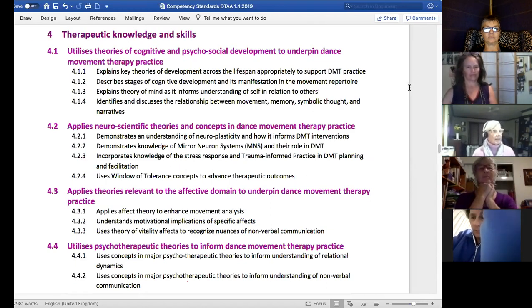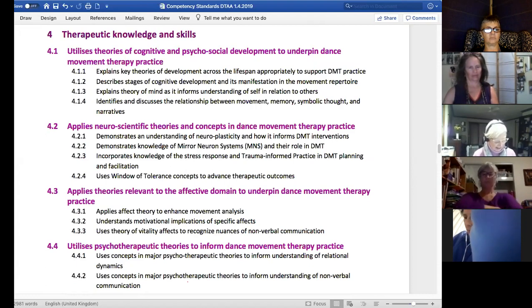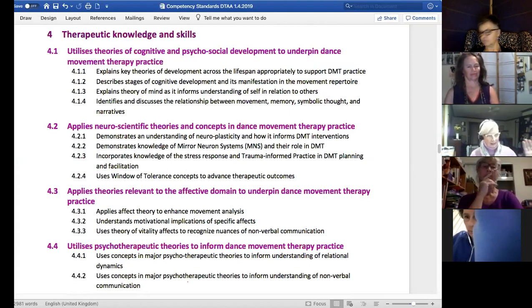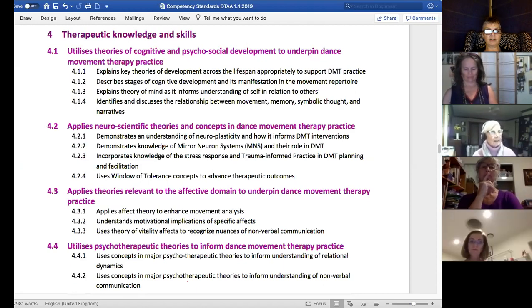So this is the actual therapeutic knowledge unit. Again, they are named in terms of competencies and not content, but I tried to break things down so that the concepts or ideas were under key different areas. The first one is about cognitive and psychosocial development theories.